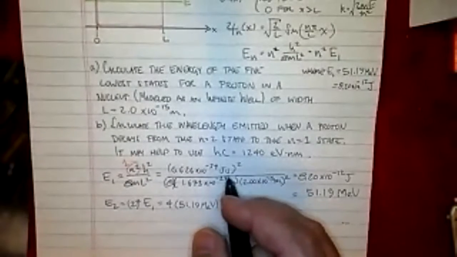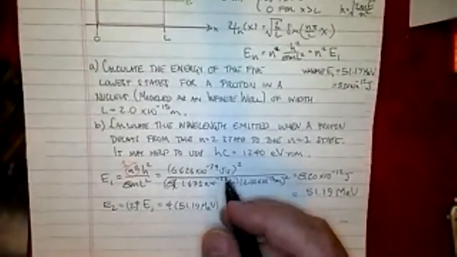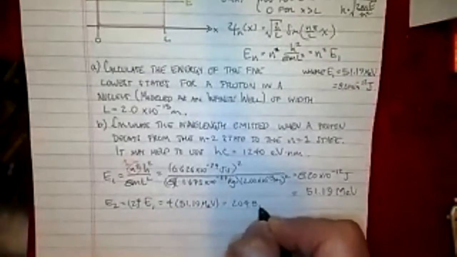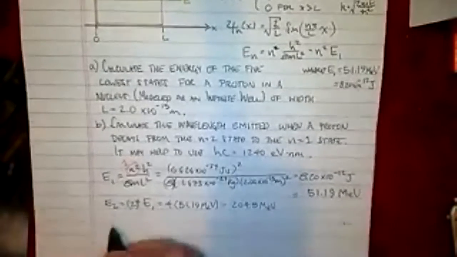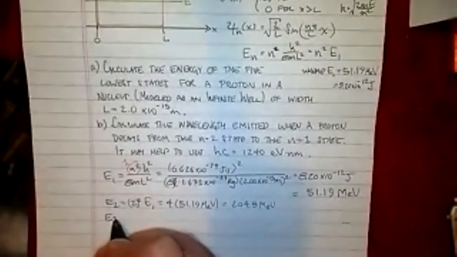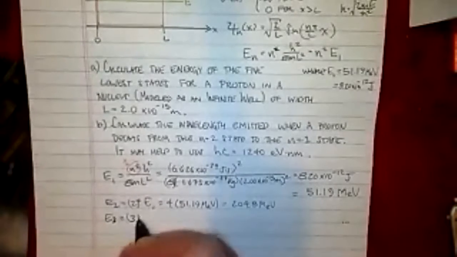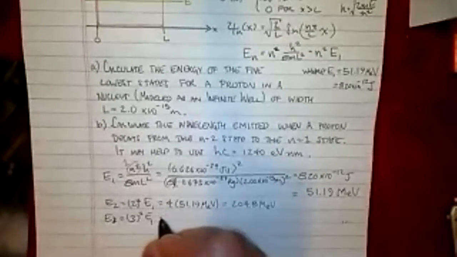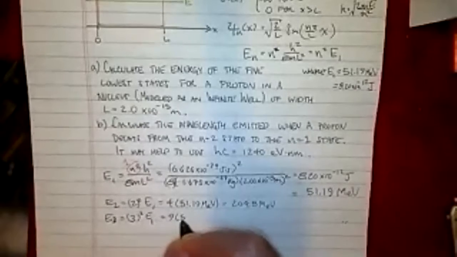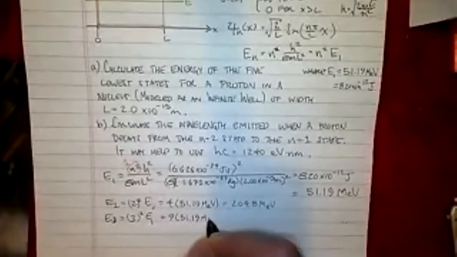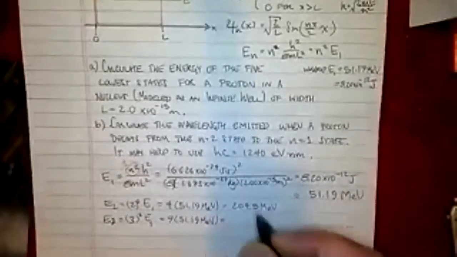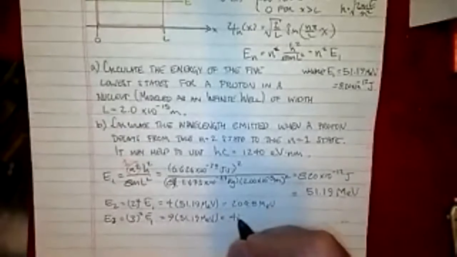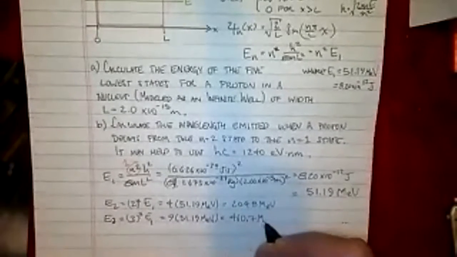Of course, that turns out to be 204.8 MeV. E3 is 3 squared times E1, which is 9 times 51.19 MeV, mega electron volts. That turns out to be 460.7 MeV.